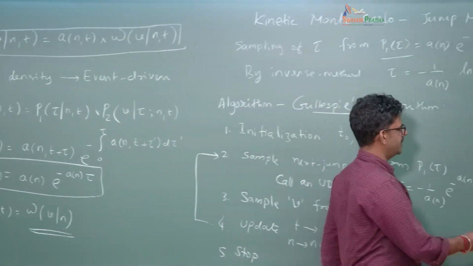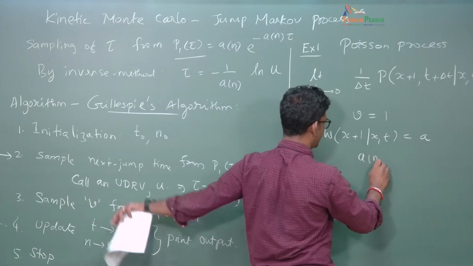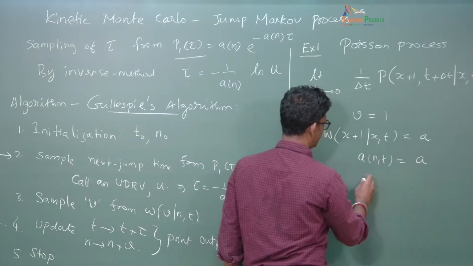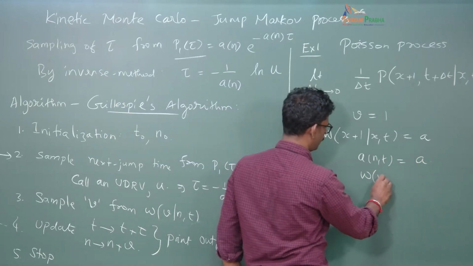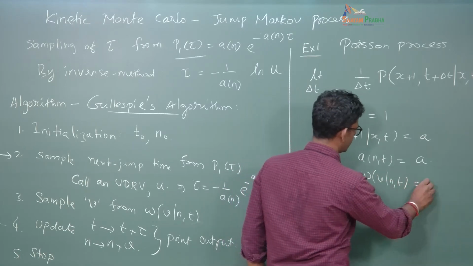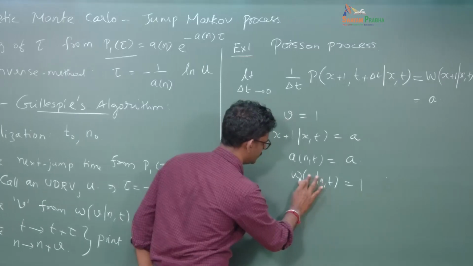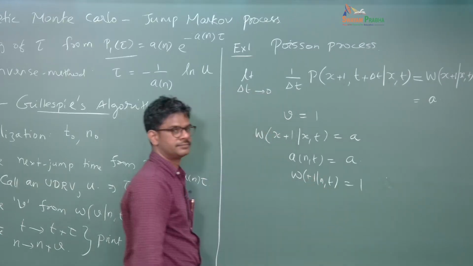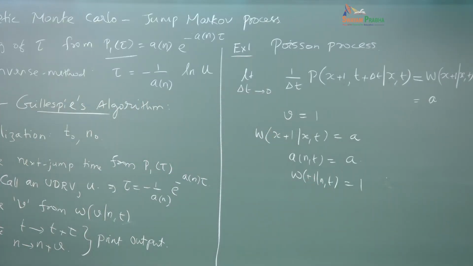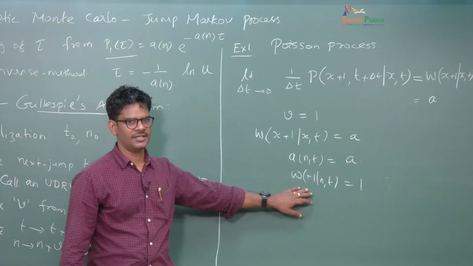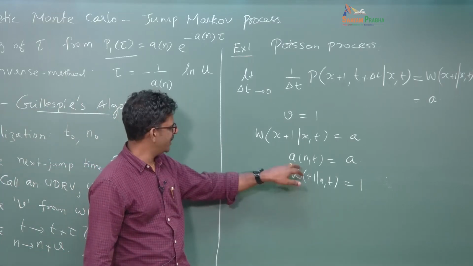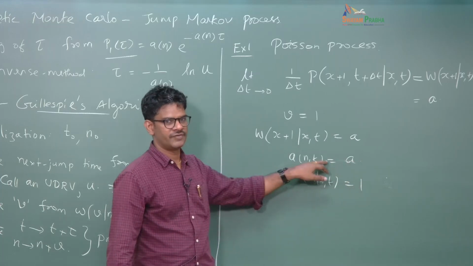So we can say that this a of n comma t is nothing but a, and the omega of nu, n comma t is basically 1 for nu equal to plus 1. This function omega is 0 for anything other than plus 1, whereas the rate of jump is given by a constant a.